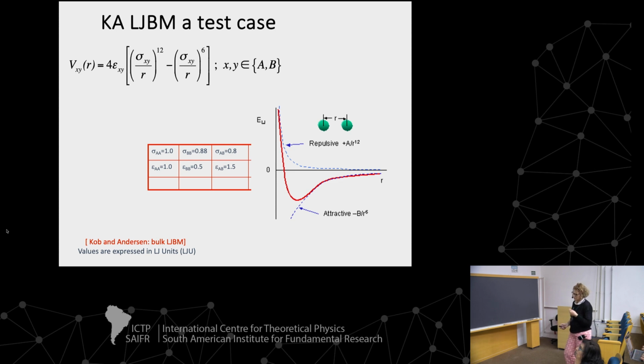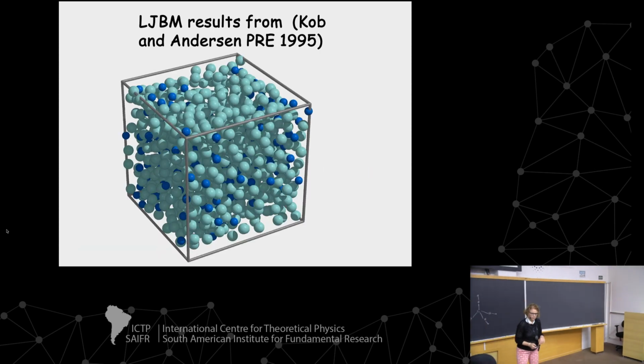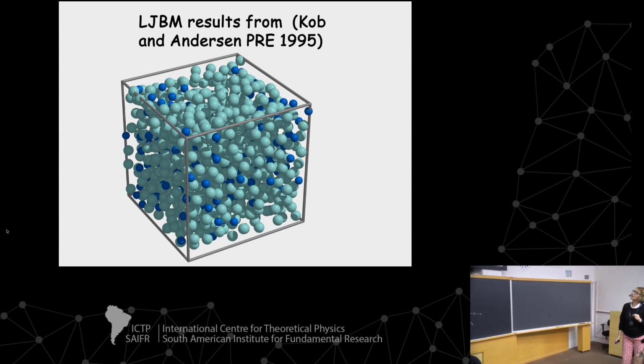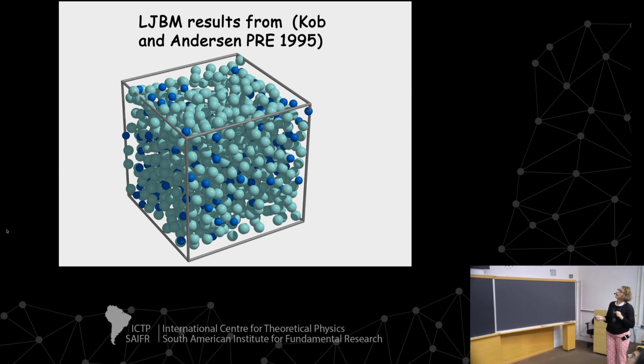This gives a boost not to crystallize and to remain mixed, also not to separate. These results were published in a Physical Review Letter and two Physical Review papers in 1995.